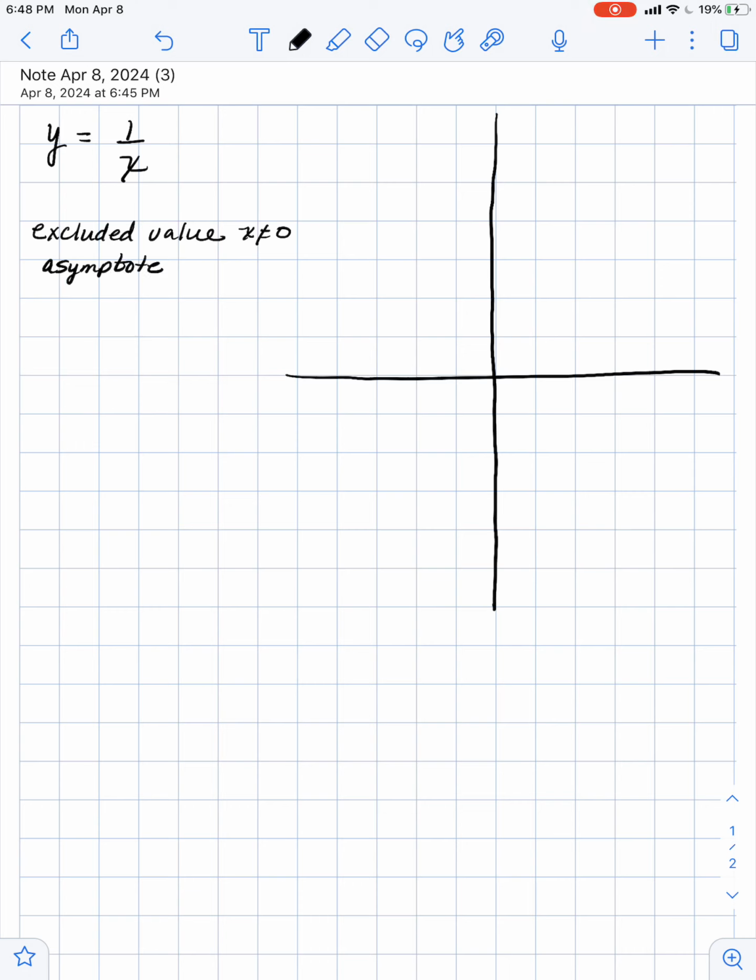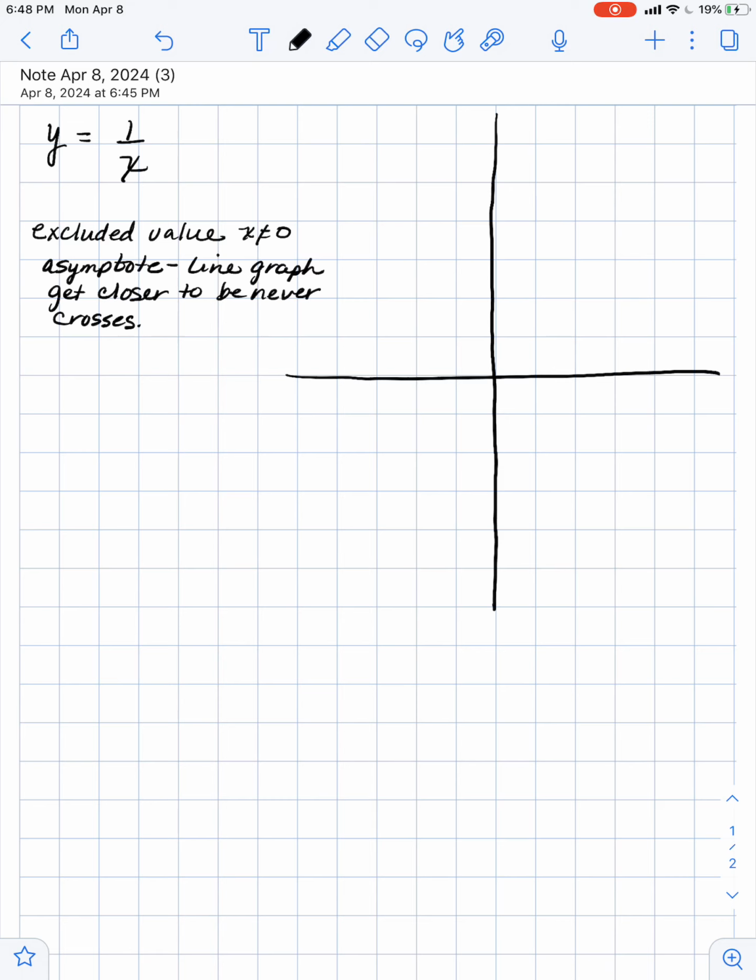Okay? And the asymptote is this line that our graph gets closer and closer to but never crosses. And when we graph it, sometimes it almost looks like it crosses, but you've got to realize it's just getting closer and closer and closer.